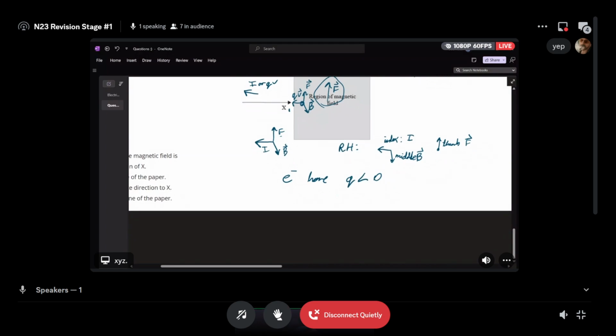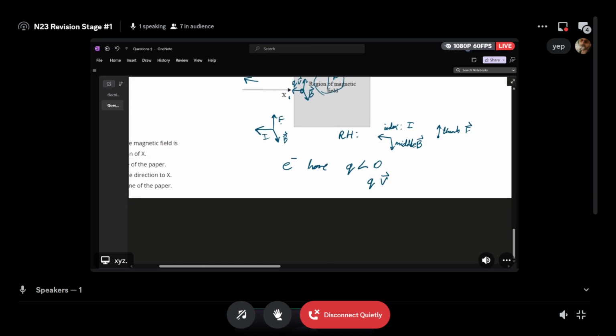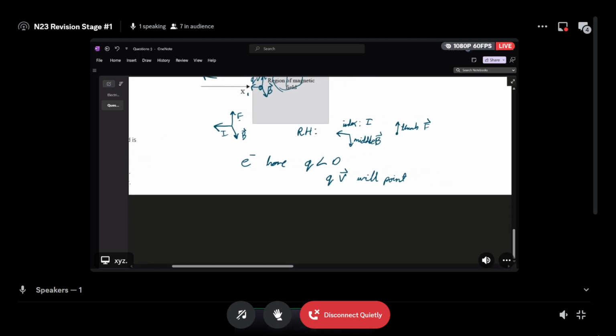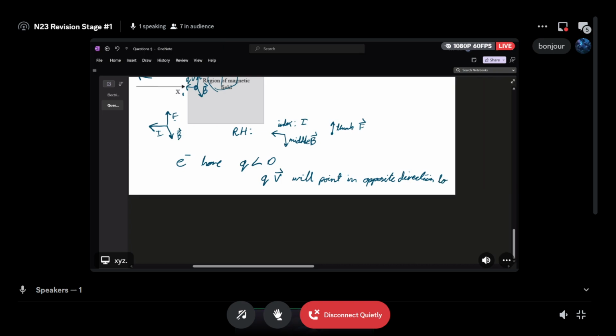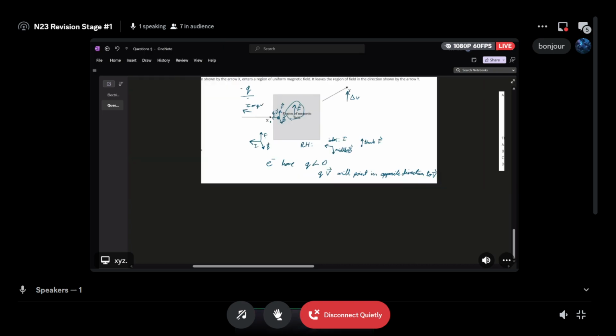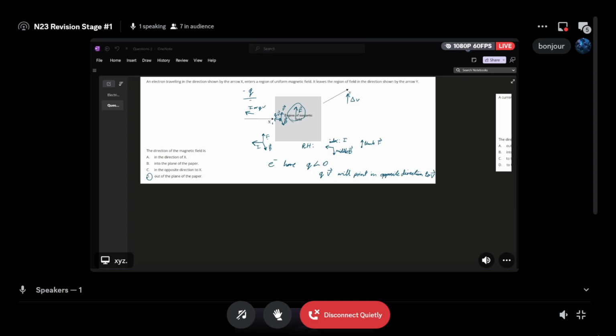So what that means is that if we take our QV vector, it will point in the opposite direction to V. Does that make sense? How so? Because the charge is negative.